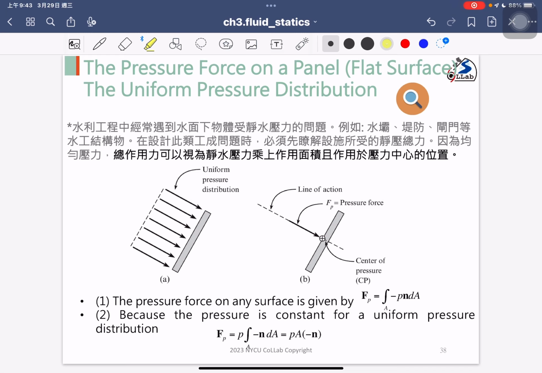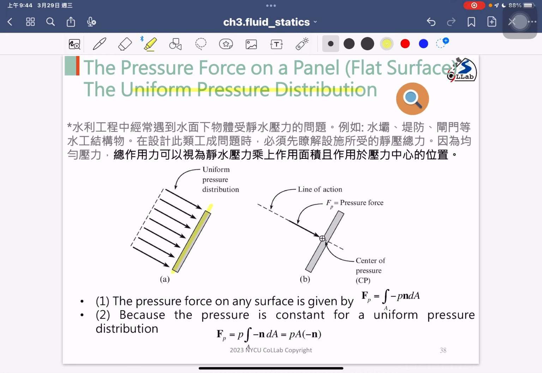This slide just shows a special case. We consider a flat surface panel, and we consider a uniform pressure distribution. So what is the problem we would like to emphasize here?